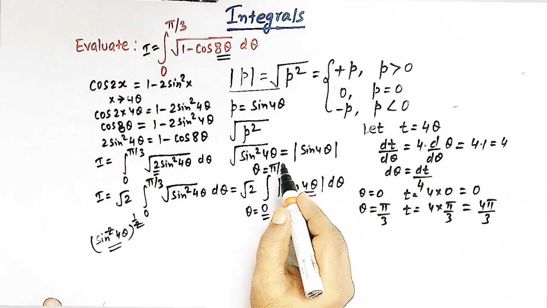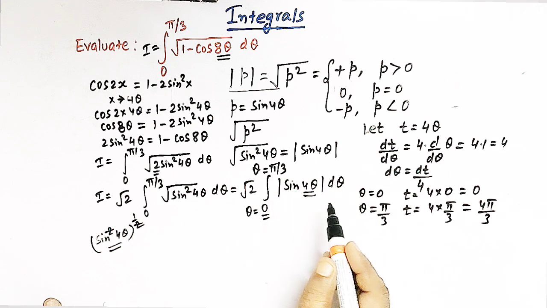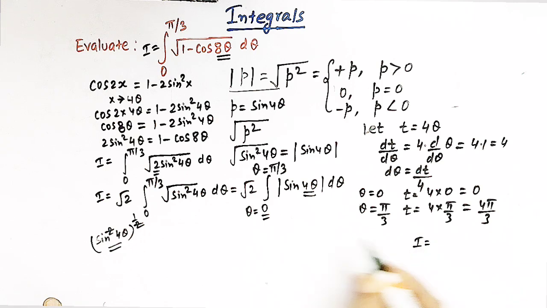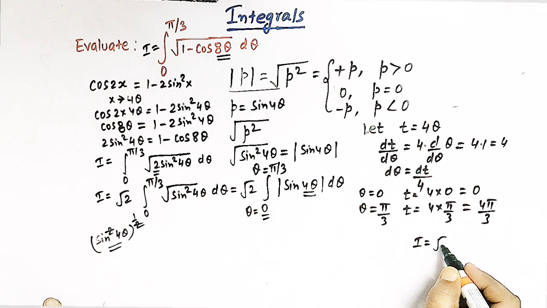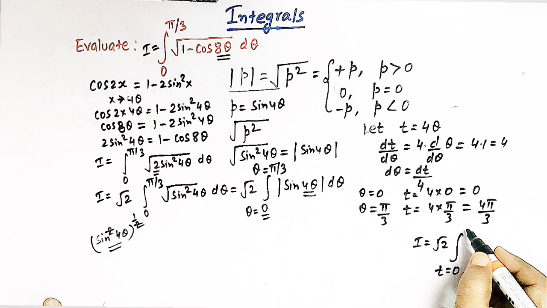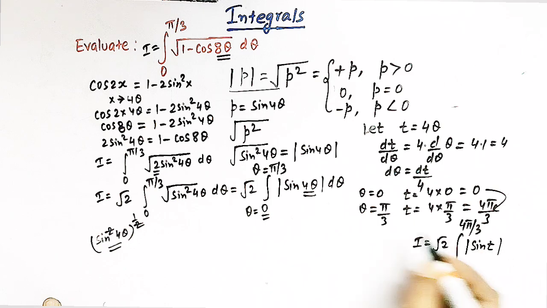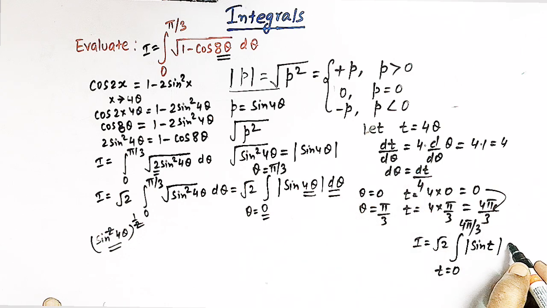So now let us rewrite this integral in terms of t. We can write the integral I as square root of 2, and the limits of integration now vary from 0 to 4 pi by 3, and here we have mod of sine t, and d theta is replaced by dt over 4. Now we can take this 4 outside the integral.